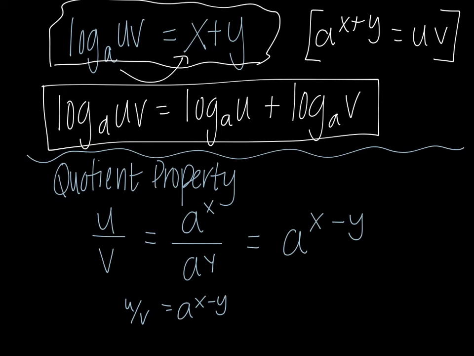Let's rewrite this in logarithmic form. This is going to be the log base a of u over v equals x minus y. Notice the base is a, the answer is u over v, the exponent is x minus y. So that's what that means. And then again, I can take this one step further by plugging in what I know about x and y.